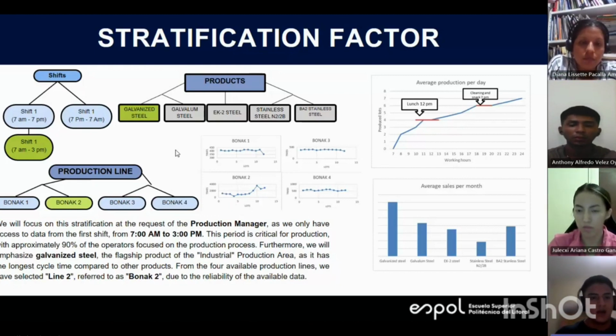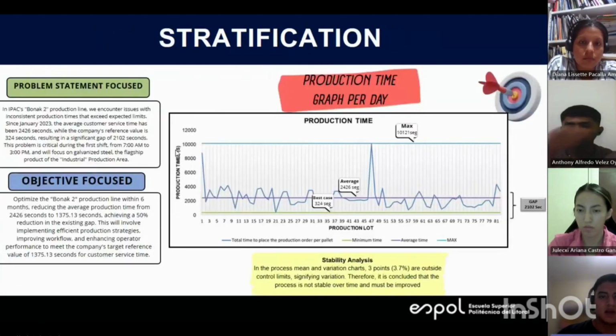Now, the problem statement focus. We can define the focus problem: IPAC 1 and 2 have a customer service time of 2,426, and we want to reduce it to 324.